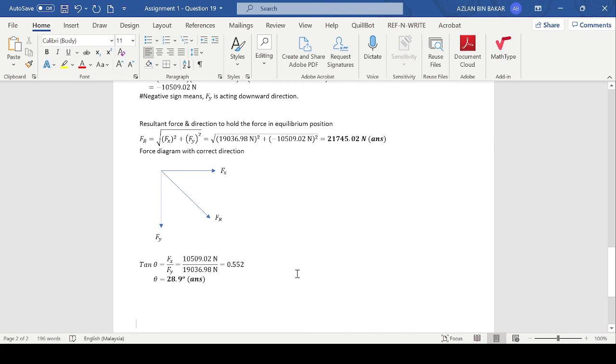Then from the equation, we will get the angle, which is 28.9 degree.